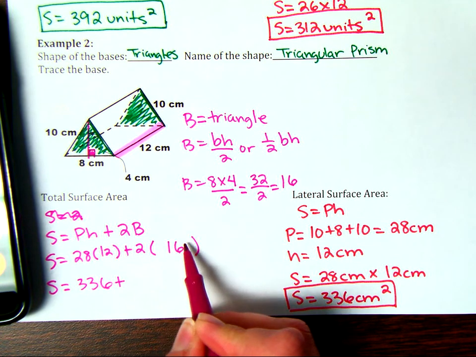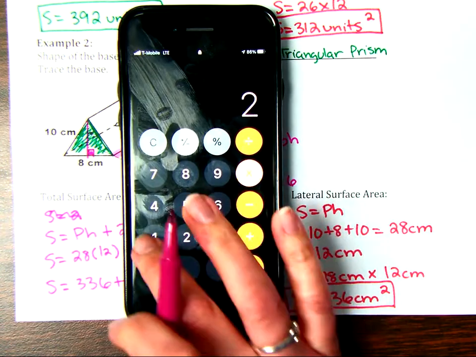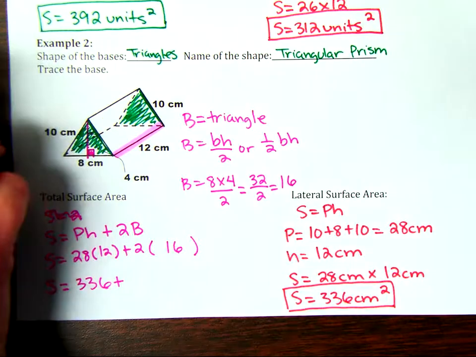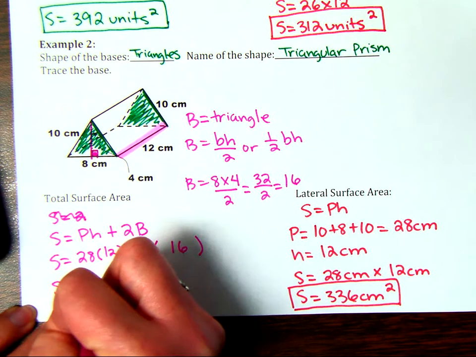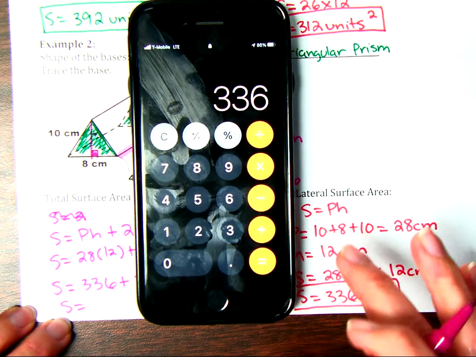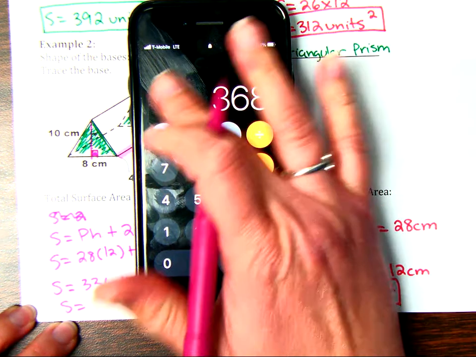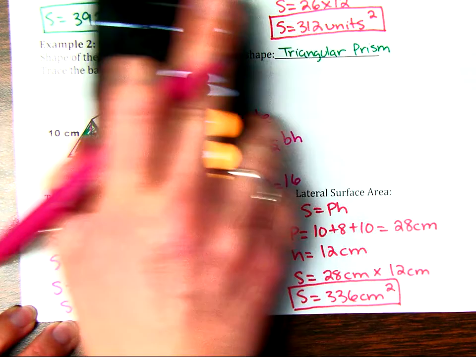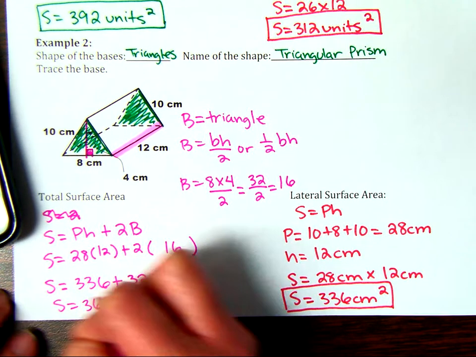This is the area of one base, so that's why we're adding both of them. 2 times 16 is 32. So we'll add that all together. 336 plus 32 is 368. Sorry, I need to clean my phone. It's a little dirty. So I get 368 centimeters squared, or squared centimeters.